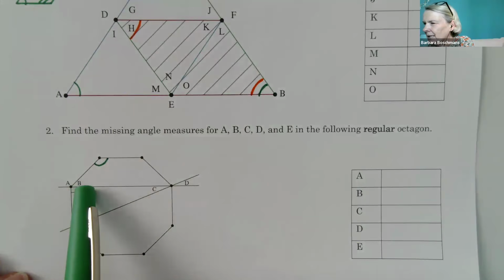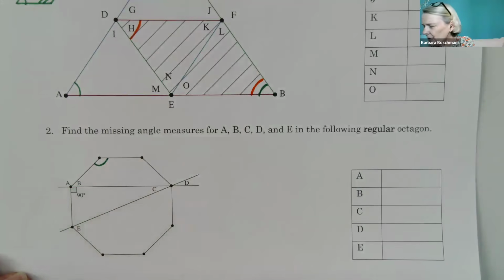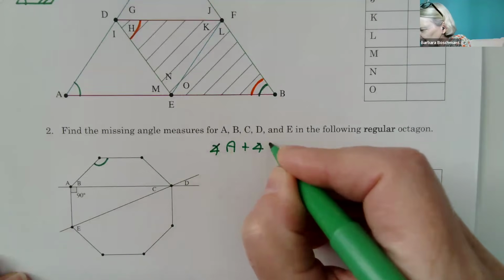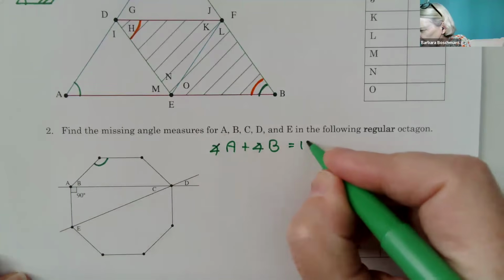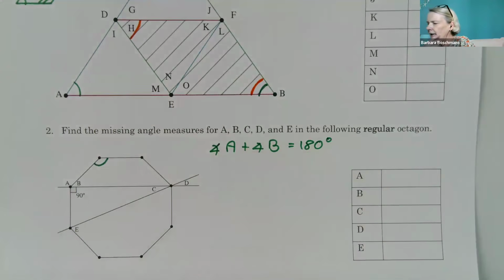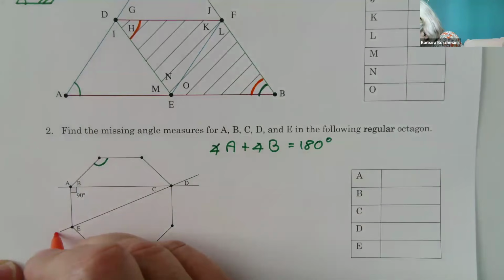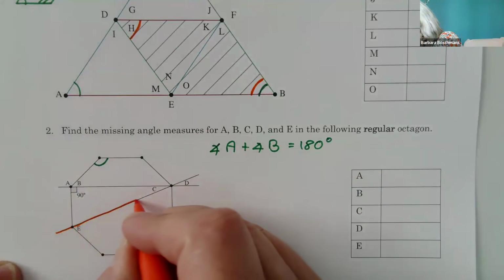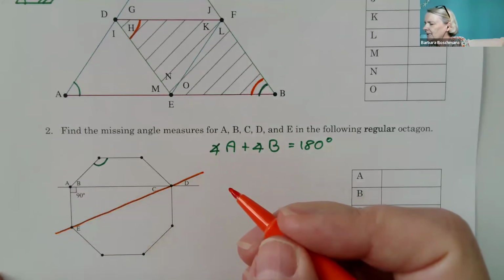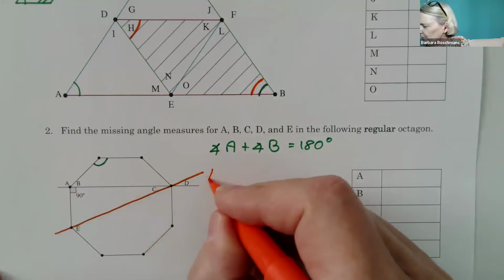A and B are supplementary angles. A plus B have to add up to 180. Then if I look at this diagonal, this is a line of symmetry.